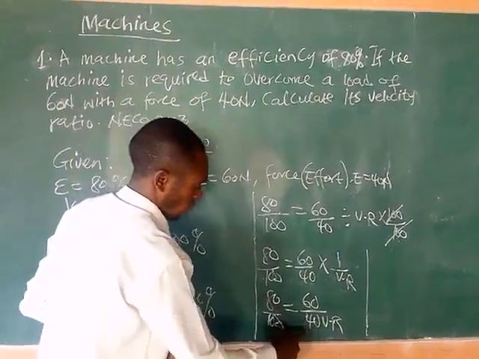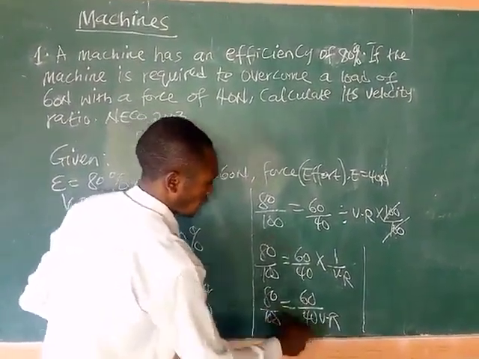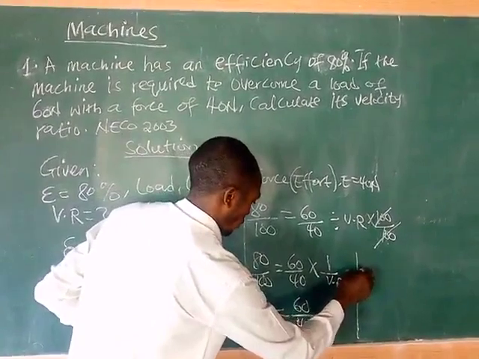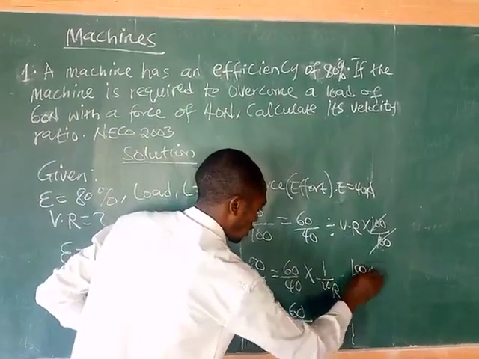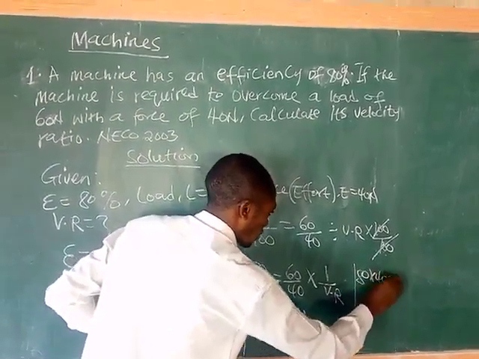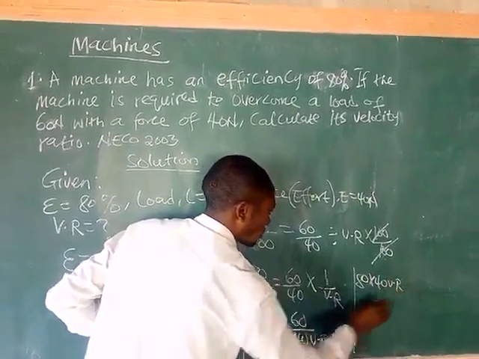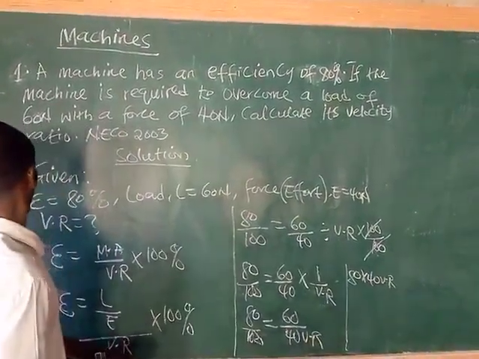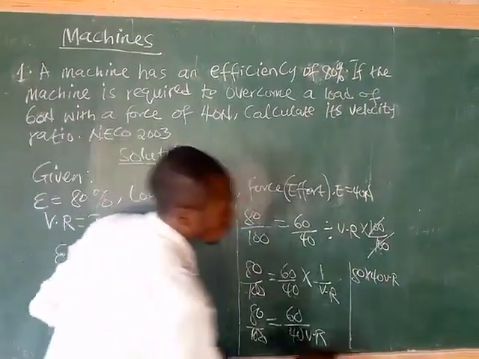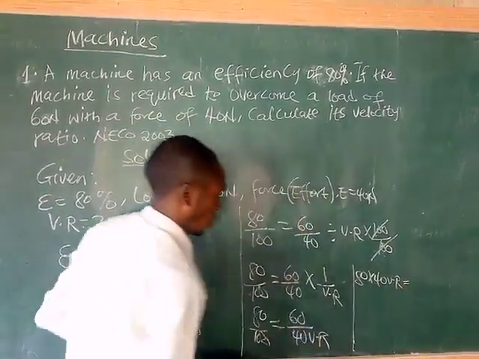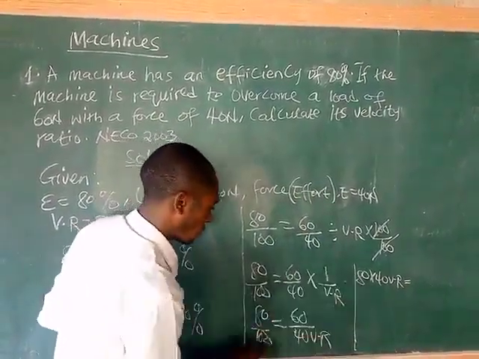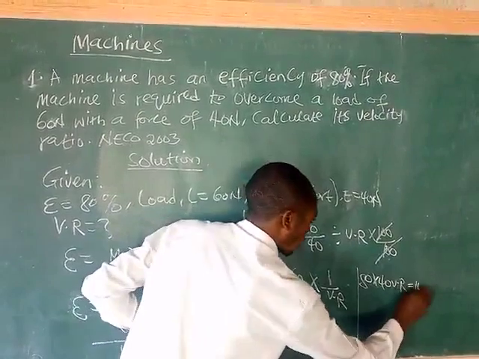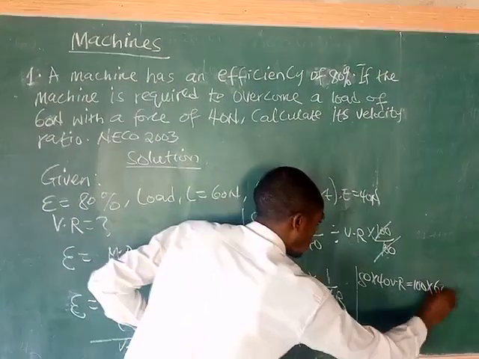So we have 80 times 40 VR equals 100 times 60.